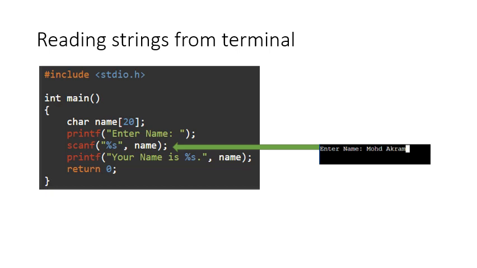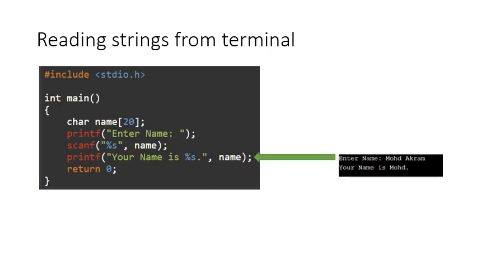This is sometimes referred to as white space. Now when I hit enter, something absurd is going to happen. When I hit enter, I only get the first name. So I get "Your name is Muhammad."